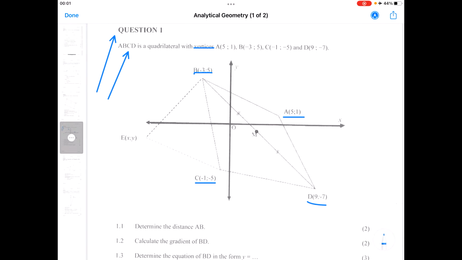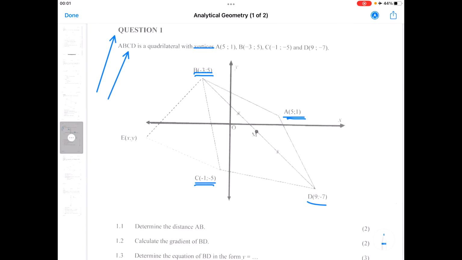So this quadrilateral has vertices A, remember A being a letter, it's a point having the coordinates 5 and 1. B is a point having the coordinates -3 and 5. C is a point having the coordinates -1 and -5.